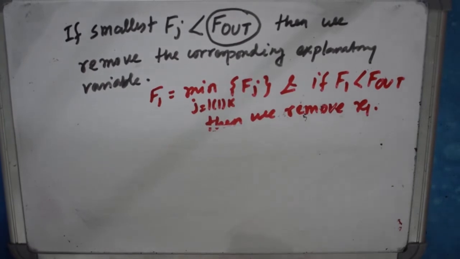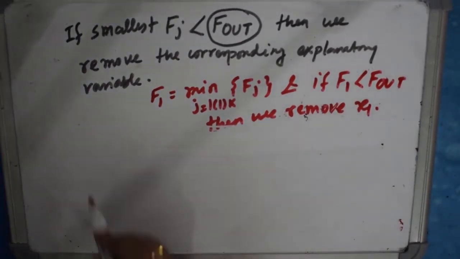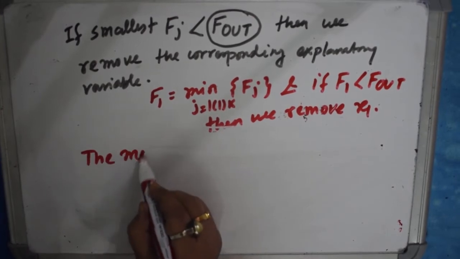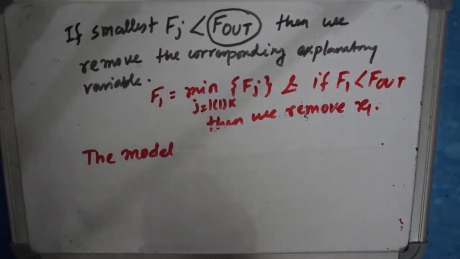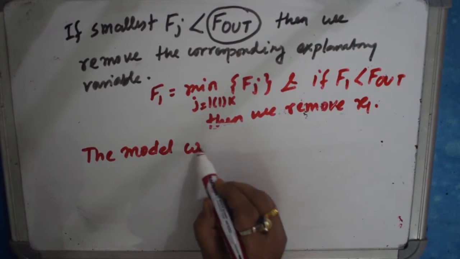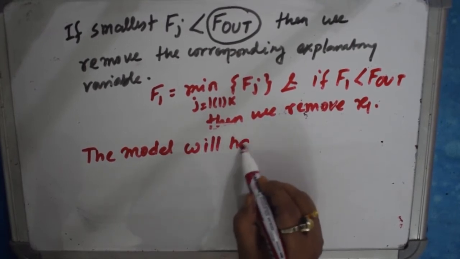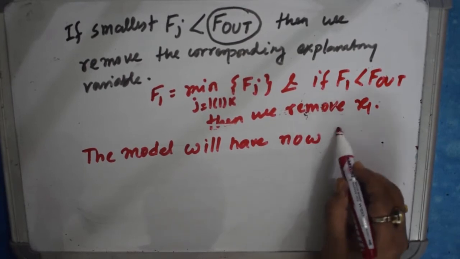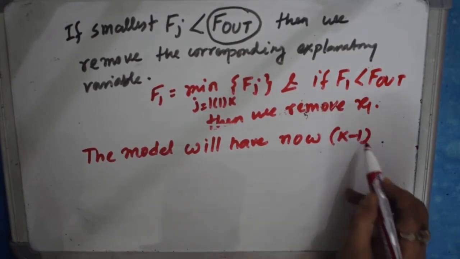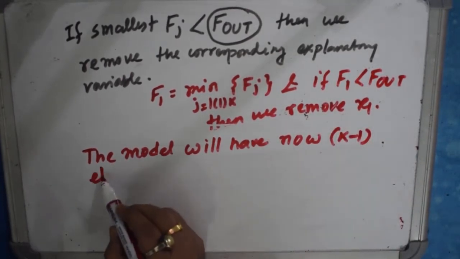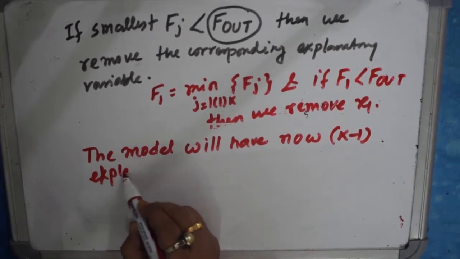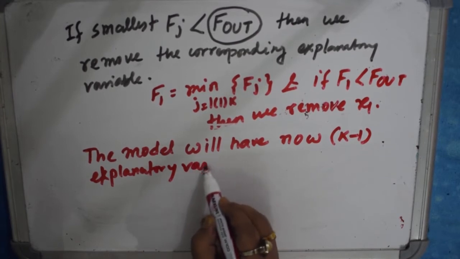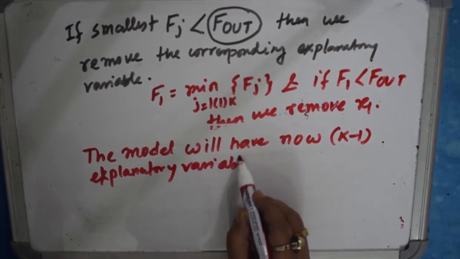Therefore, the model will now have k minus 1 explanatory variables.